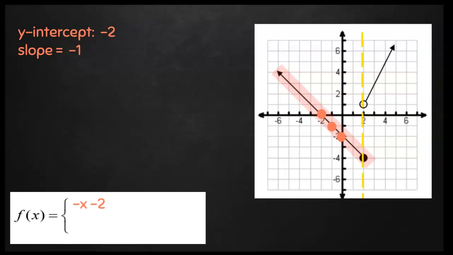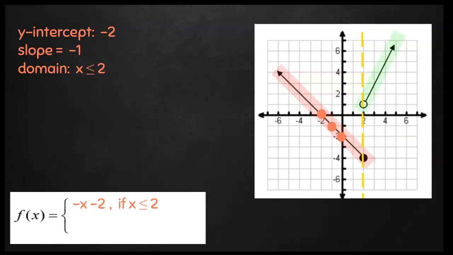So now I want to think about the domain of the red piece. The line points towards the left where your x's are less than 2. Now it's not only less than 2, it's less than or equal to 2 because that endpoint has a closed circle. So for the domain, I'm going to write if x is less than or equal to 2.